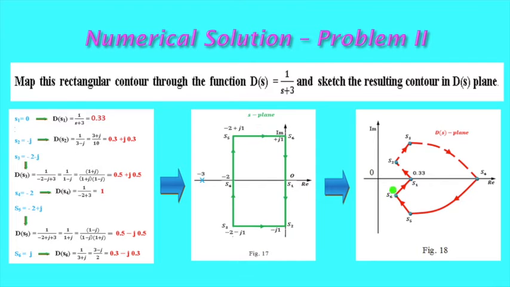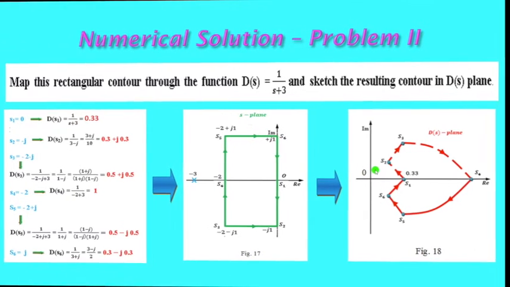Then mark all the points on the D(s) plane and draw the smooth curve. Then from these two figures, we see that if one pole is present outside of the closed contour C in the S plane, the corresponding mapping in the D(s) plane does not encircle the origin of the D(s) plane.